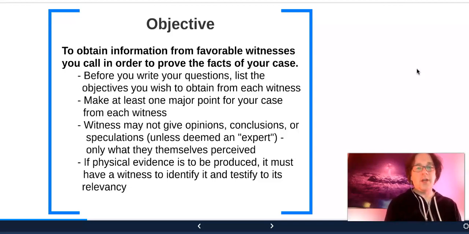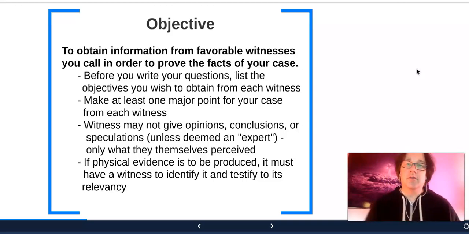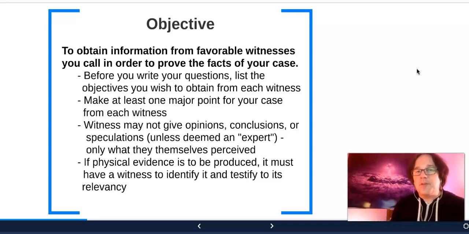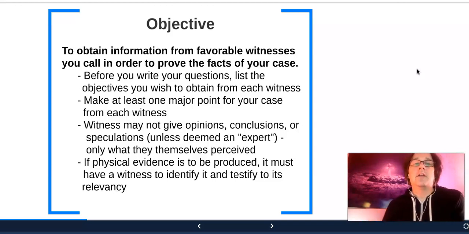So before you write your questions for your witnesses, it might be a good idea to list the objectives that you wish to obtain from each of your witnesses. Right? So make sure that you have a clear purpose for each one of your witnesses. What is it that they're going to add in terms of their testimony?